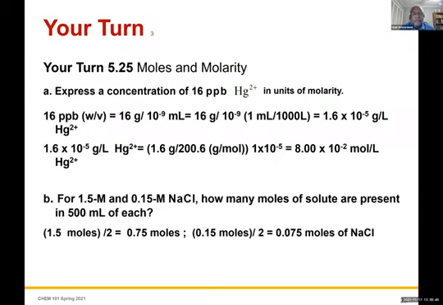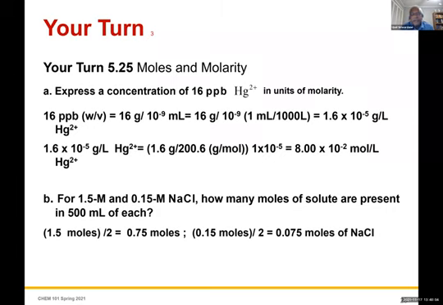Therefore, to get the number of moles in 1.5 molar, I divide 1.5 by 2, get 0.75 moles. On the second solution, I divided 0.15 by 2, you get 0.075.